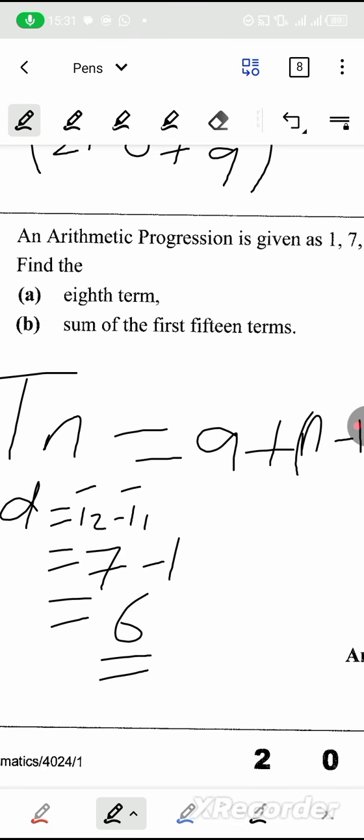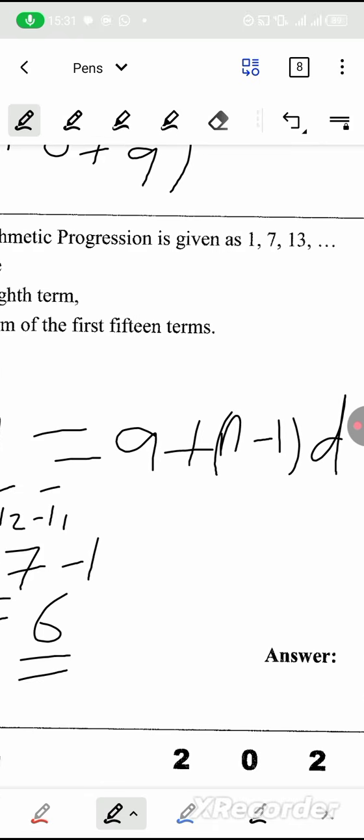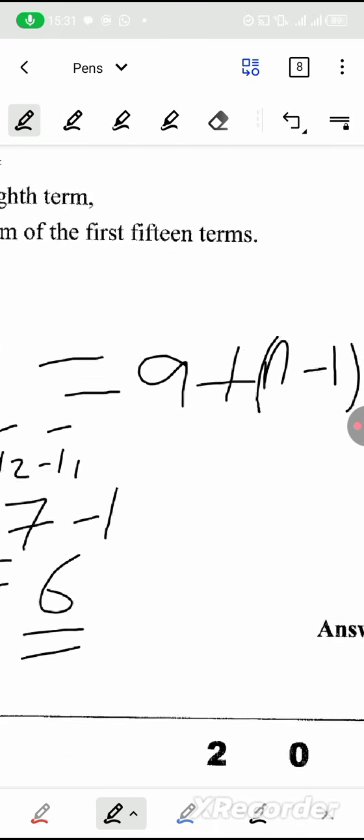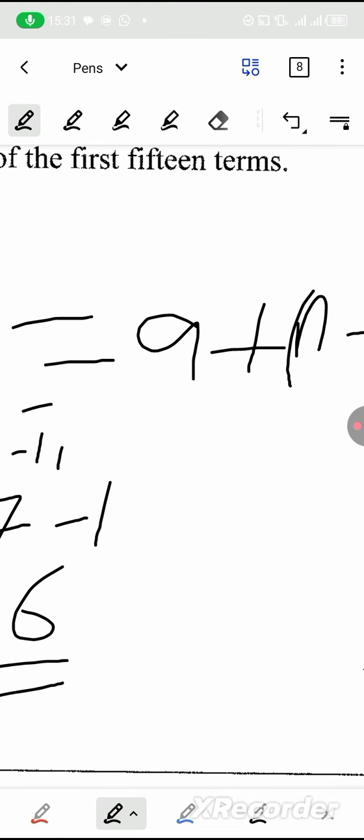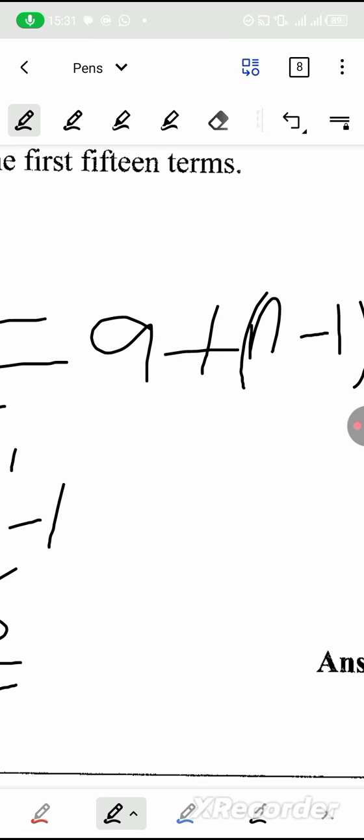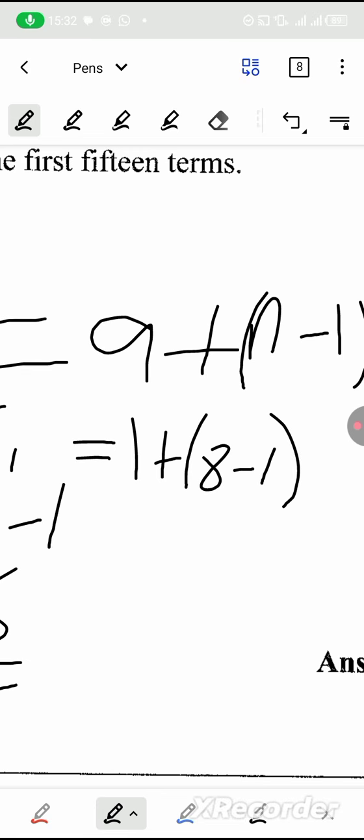Since the first term we have, let us now go to the actual formula and substitute. For the 8th term, where there is A, we put the first term, which is 1. So 1 plus, the position is 8, so where there is n, you put 8, minus 1, then where there is D it is 6.